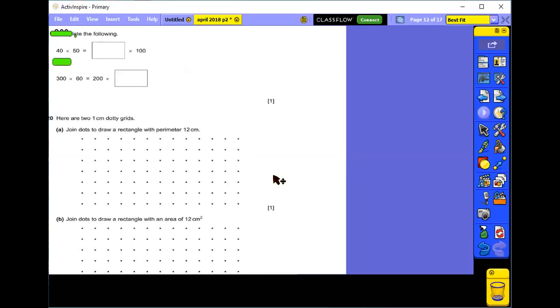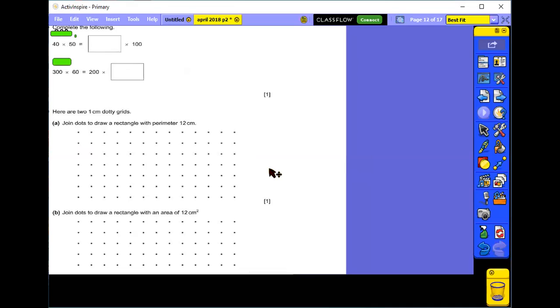He's telling you here, 40 times 50 equals what times 100? So 40 times 50 is 200. Then you have to think, 100 times what equals 200? Take care. 100 times what equals 200?